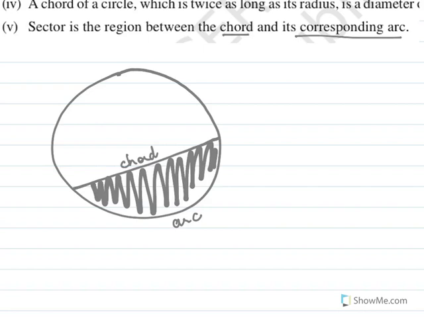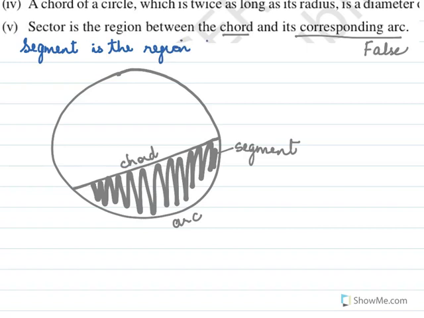This is not sector, this is segment. So this is false. So you will say not sector, it is segment, the region between chord and its corresponding arc. It is a segment, not the sector.